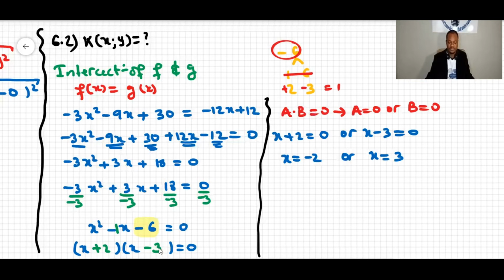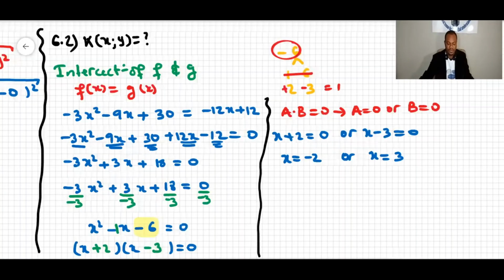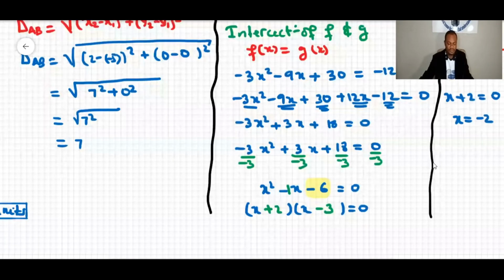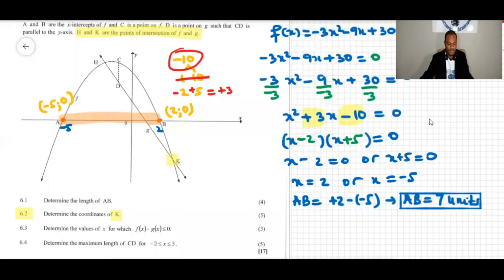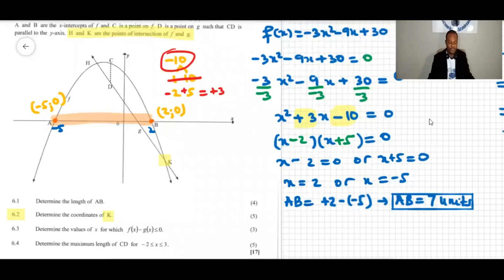Now let's look at the graph. We're looking for the coordinate of k. Okay, k is over there. We see that k is on the fourth quadrant. Remember, in the fourth quadrant, the values of x are positive.